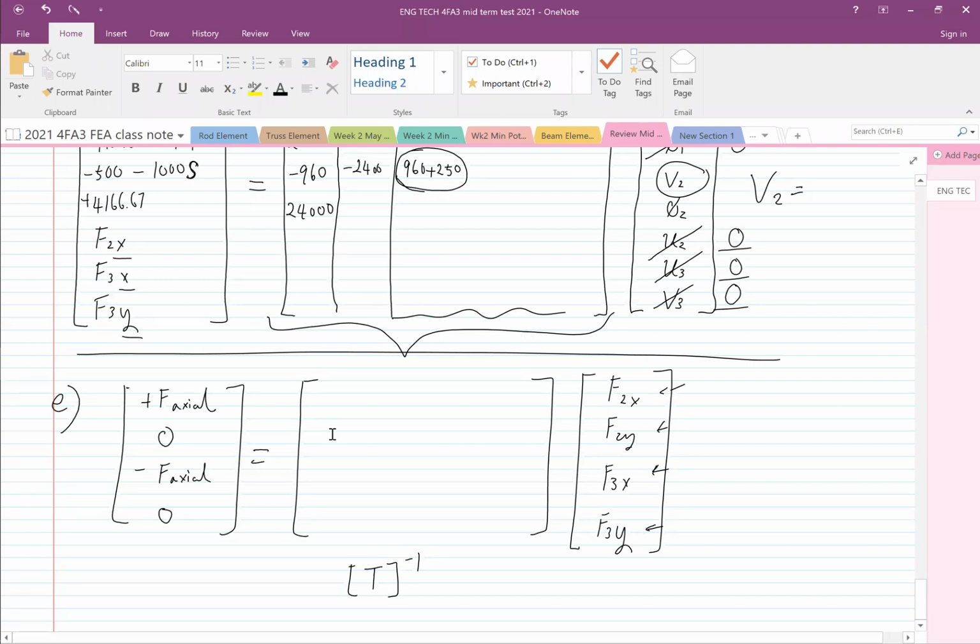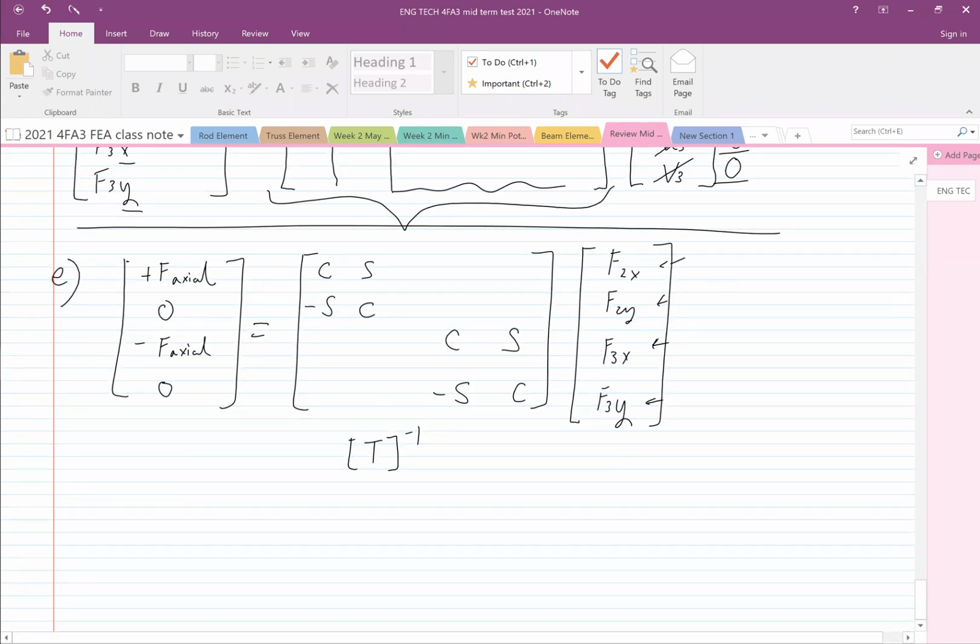It's very similar to the truss example, part 2 of the truss example. Yes, right. And then stress will be force over area.